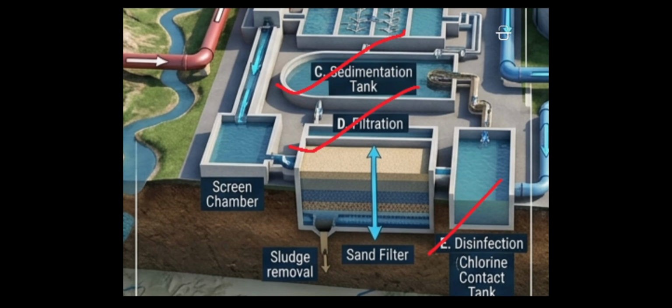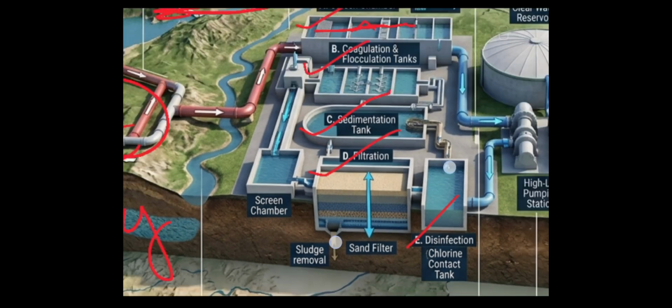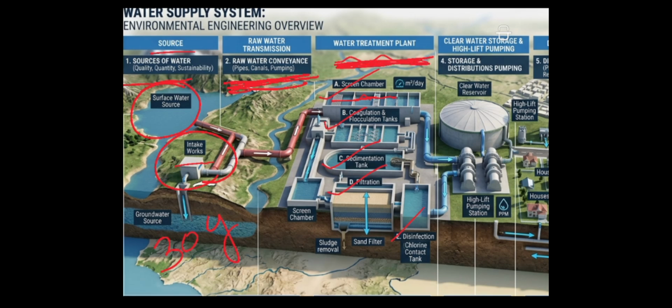In filtration, the water will be passed through layers of sand, gravel, and some other materials in order to capture the tiny particles, such that the water is filtered. And next, it is disinfection. Mainly we use chlorine to kill the pathogens. Okay, these are the steps in the water treatment plant.